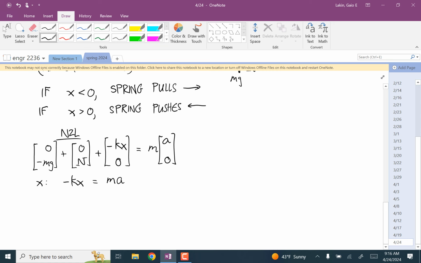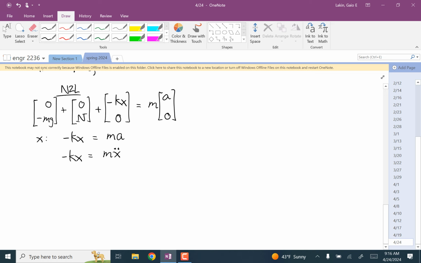Well, a is the second time derivative of x, so now we can write this as negative kx is equal to m x double dot. And then move these over to the same side, divide by m, and you come up with this equation that says x double dot plus k over m x is equal to 0.